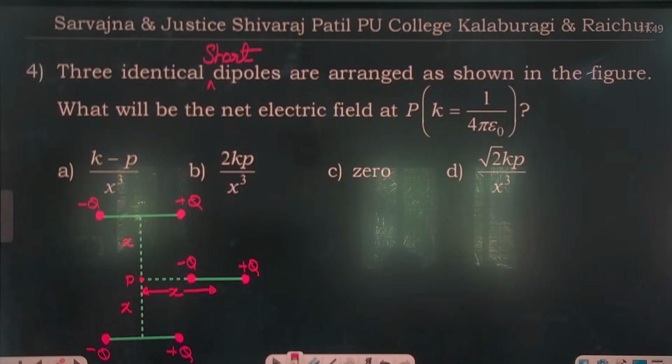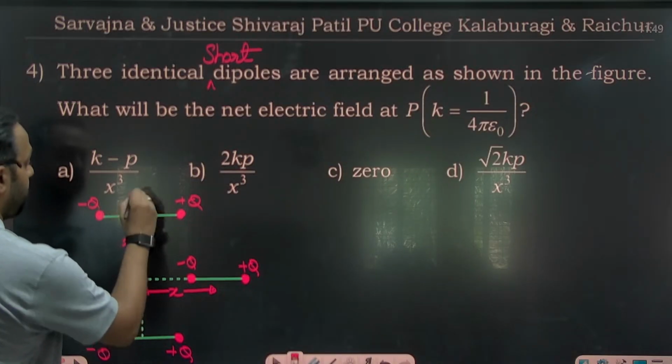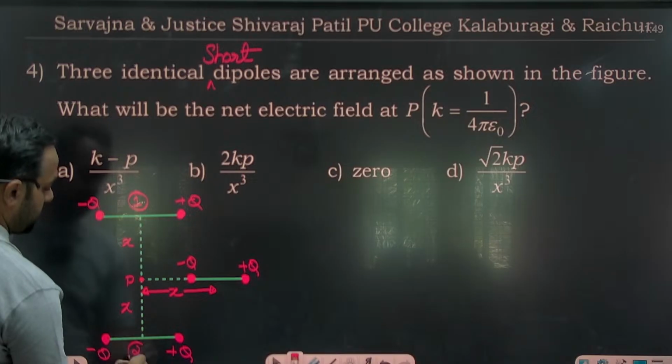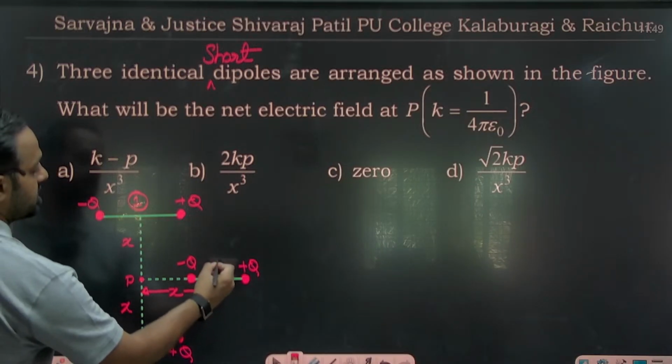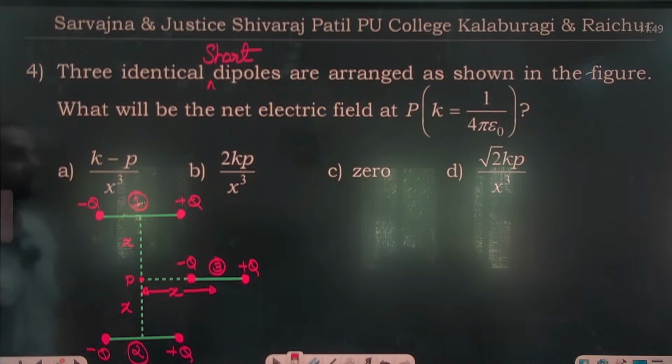So let's take this as dipole number 1. Let's take this as dipole number 2. Let's take this as dipole number 3. Okay, B and C.